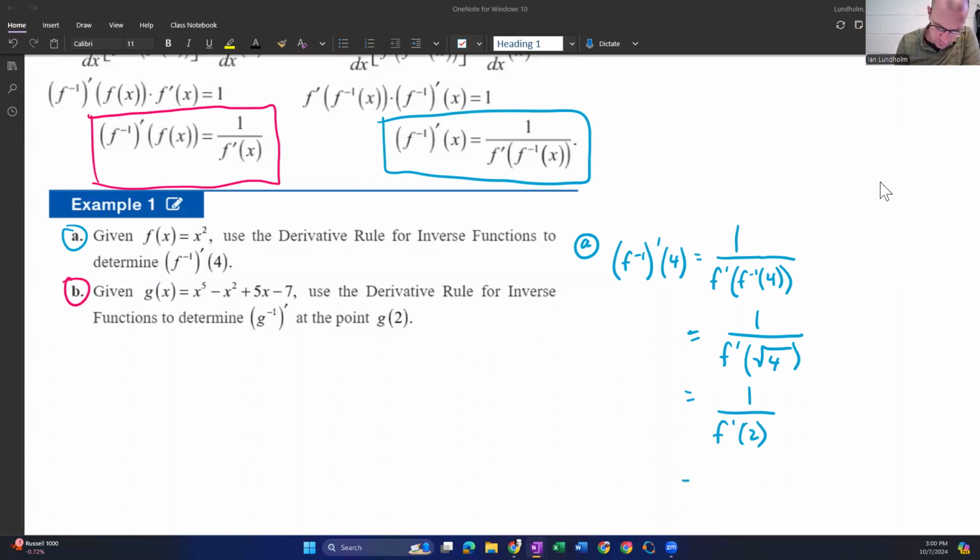I think we can fit in one more line. f prime in this case would be 2x, by the power rule. And so this is 1 over 2 times 2, or 1 over 4.